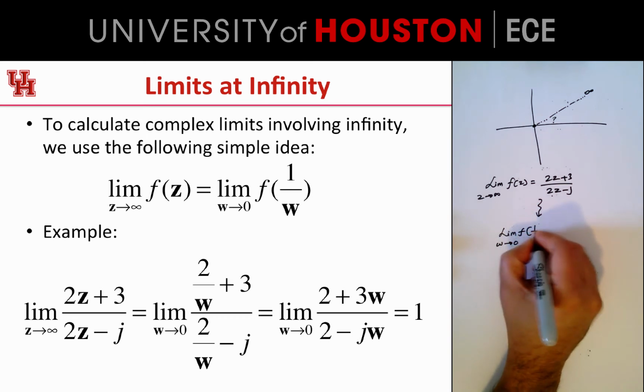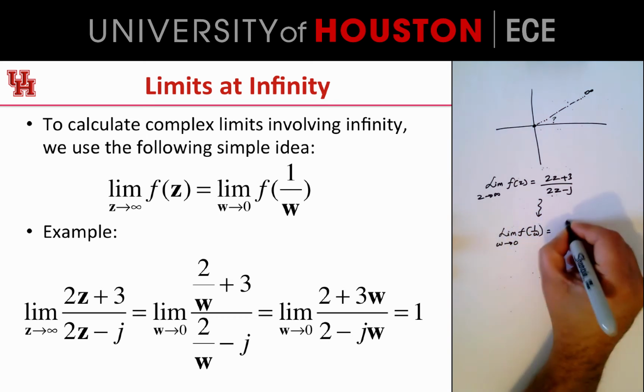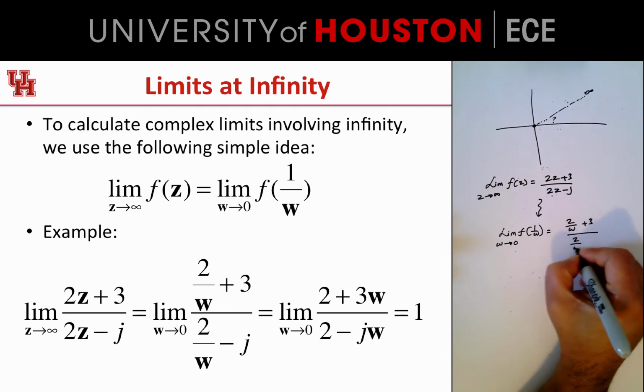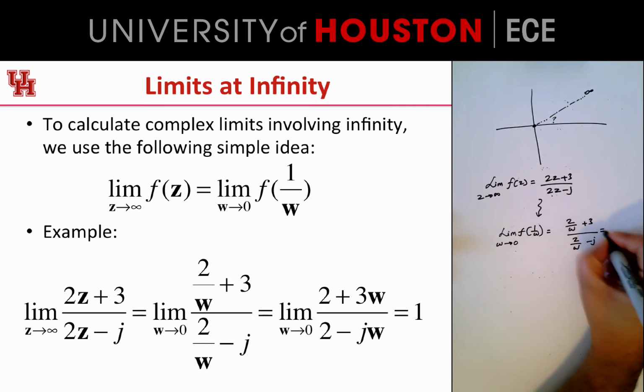So f of 1 over w means 2 over w plus 3 divided by 2 over w minus j. If I multiply top and bottom by w, I get 2 plus 3w divided by 2 minus jw, and this is much easier to deal with.